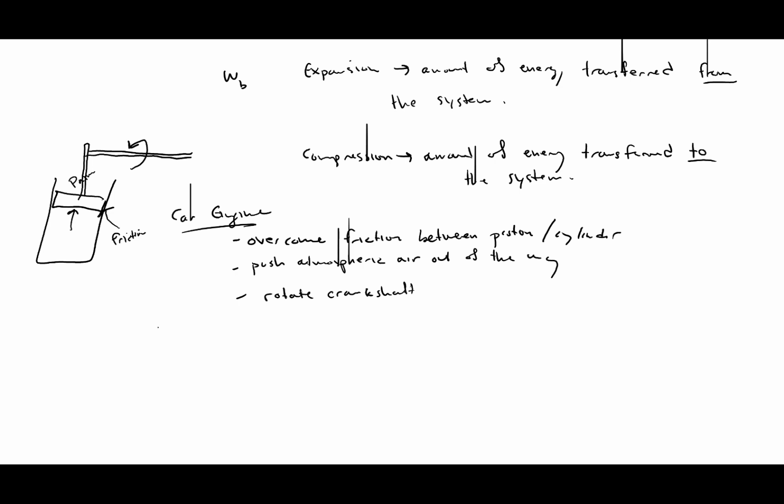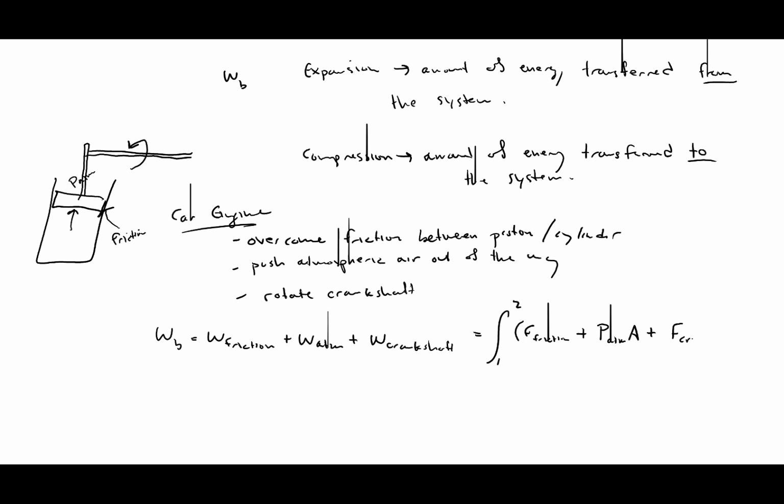So that means that the boundary work has to be equal to the work from the friction plus the atmospheric work plus the work supplied to the crankshaft. And so this is equal to, if we go from state 1 to state 2, the integral of the frictional force plus the atmospheric pressure multiplied by the area plus the force from the crankshaft, times dx.